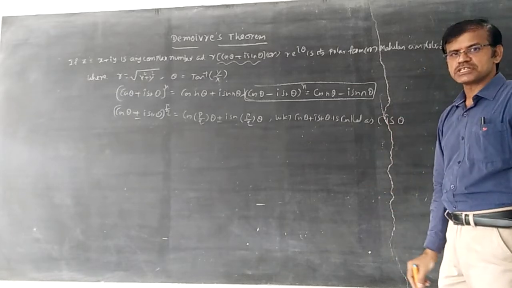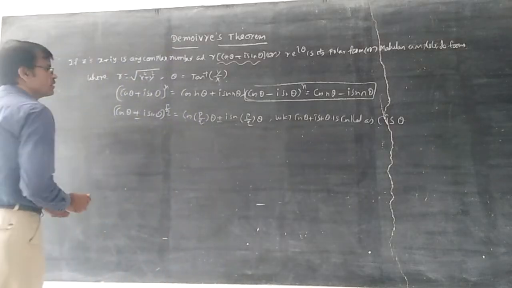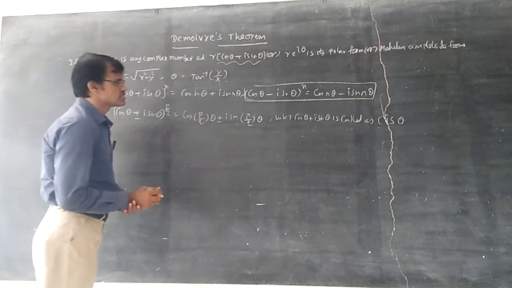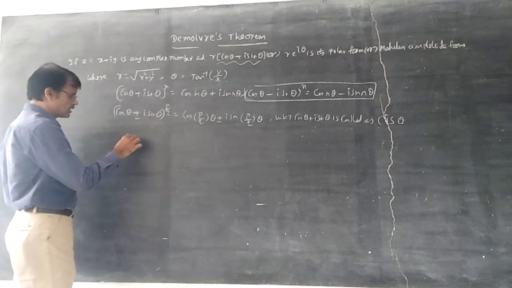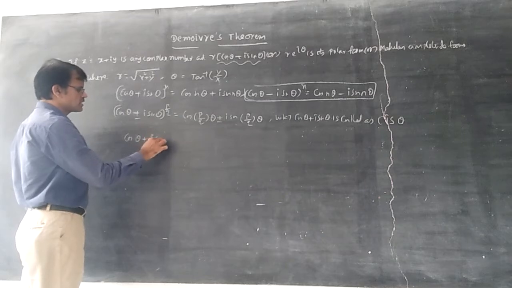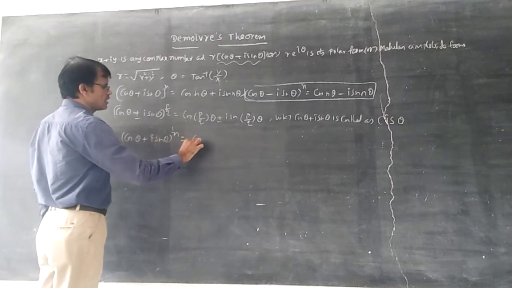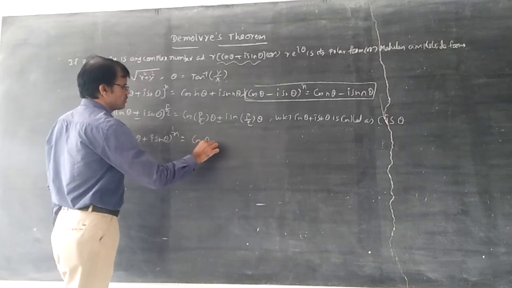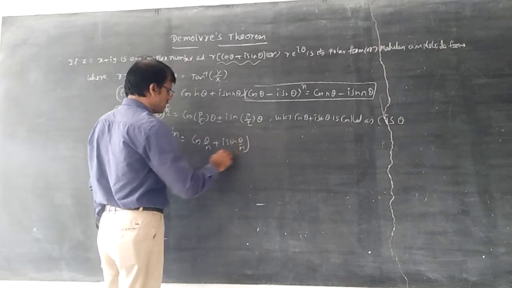Depending upon cis theta, we have calculated some examples. Cos theta plus i sin theta whole power 1 by n we wrote as cos of theta by n plus i sin of theta by n.